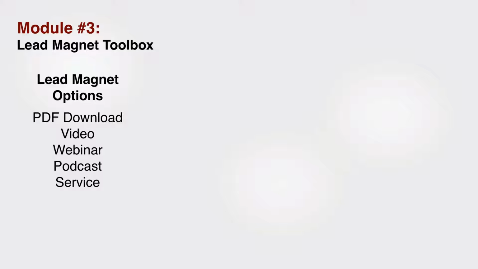You save that as a PDF and you put it up so people can download it. That's a lead magnet. You can have video, a webinar. You can even have podcast audio that you have packaged up and you're going to make available for someone if they give you their email address.